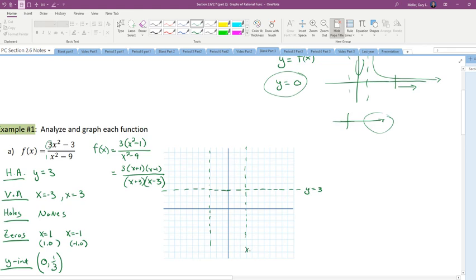Label. I have zeros at 1 and -1. I need to label those, but I'm going to wait to label them. And a y-intercept of 1/3.